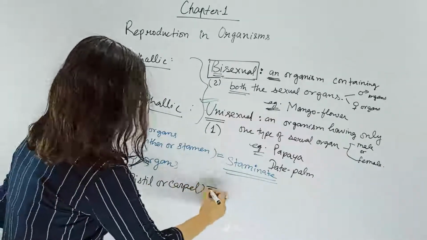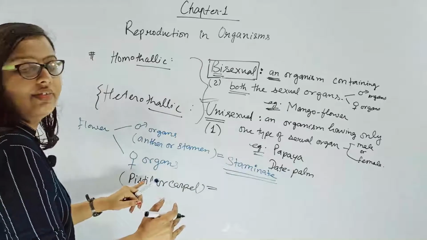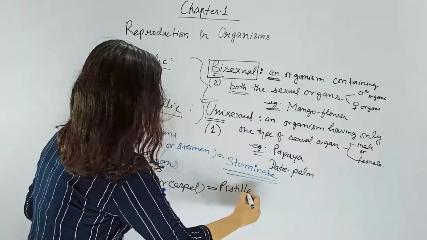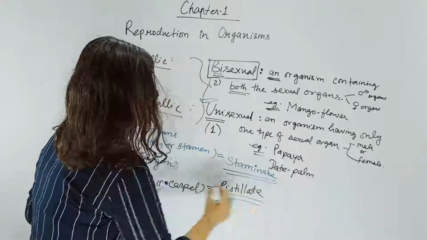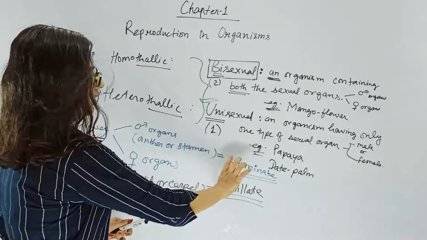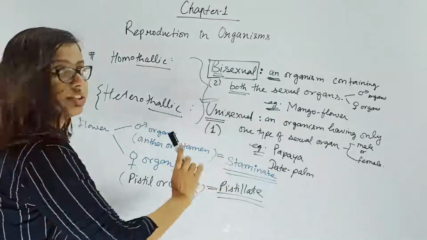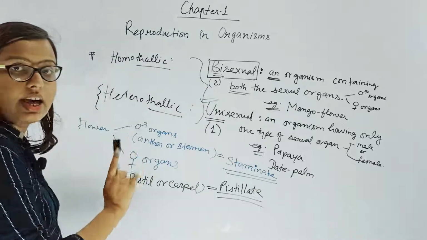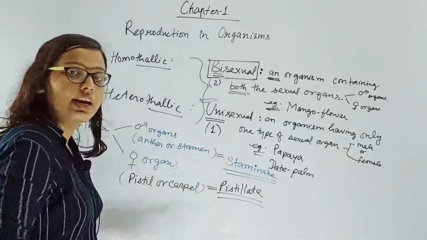In case of female organ containing flowers, the term is pistillate. So you can also be asked to either define the two terms or differentiate between the two terms. So these two terms are to be used with respect to the flower, two different type of flowers.